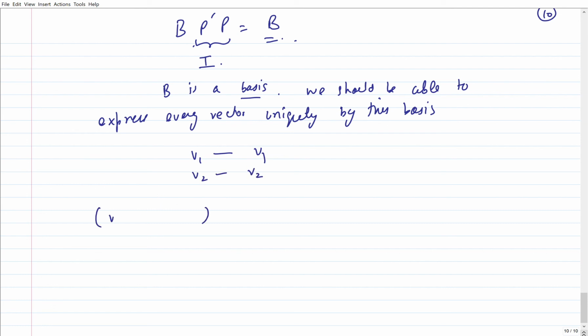So I have v1, v2, vn. I plug in the identity matrix and I get v1, v2, vn back. So this was essentially the change of basis I was dealing with.